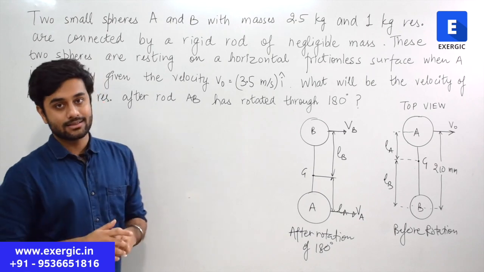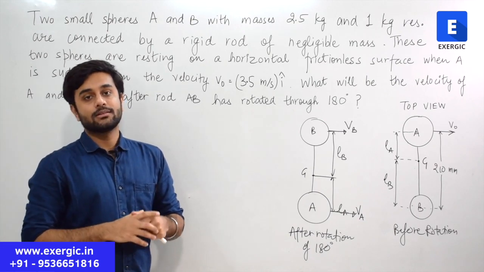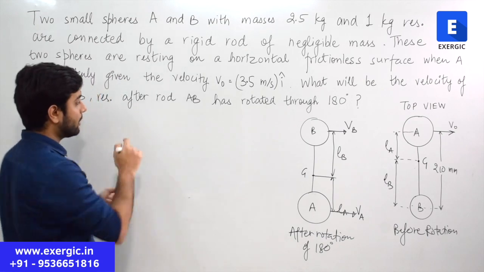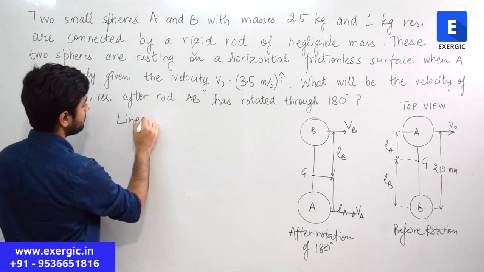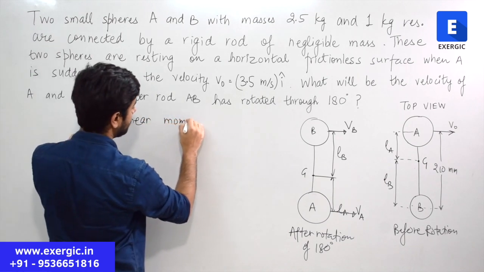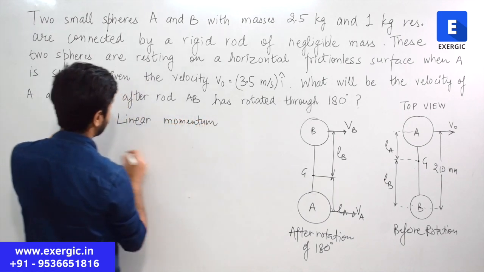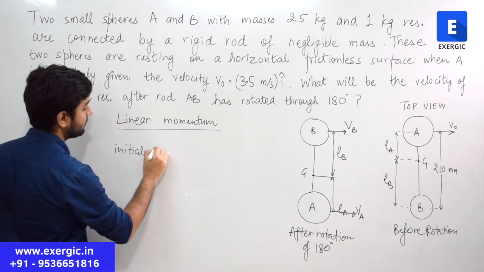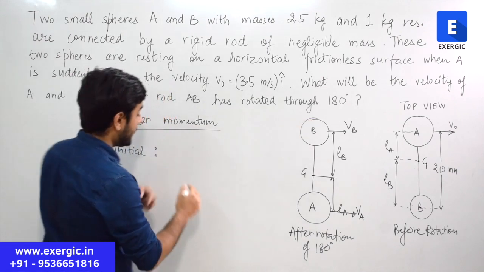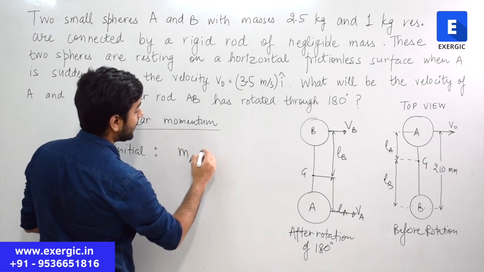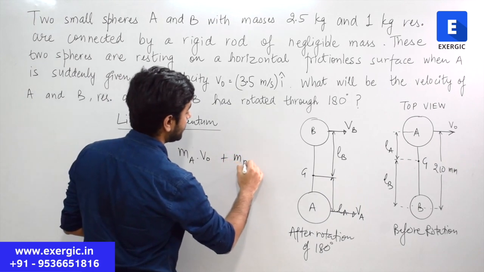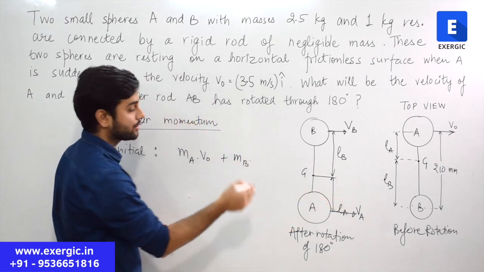Now, what is going to be the initial linear momentum? Let us first talk about linear momentum. What is going to be the initial linear momentum? The mass of A multiplied by the given velocity plus the mass of B multiplied by its velocity, which is 0.